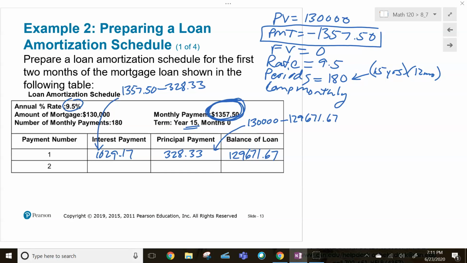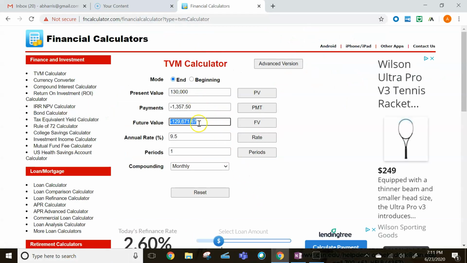So what I'm going to do is do this again. Now I'm going to show you with the financial calculator here. I'm going to take this amount and put it up here because this is what I owe now, 129,671.67. I'm still going to make one payment at 9.5%.